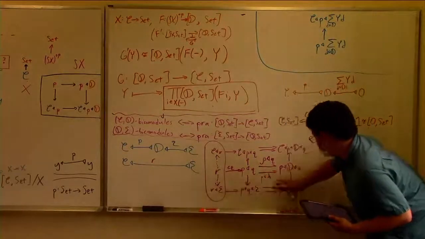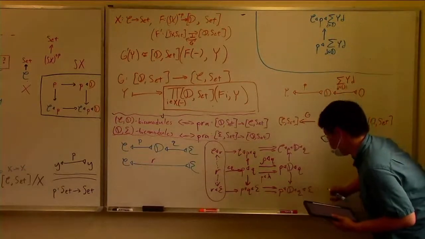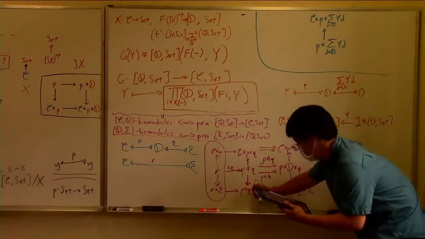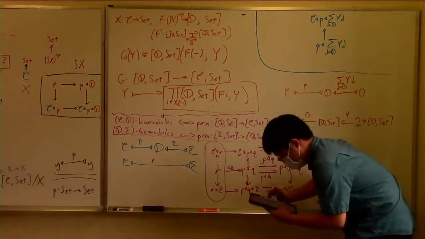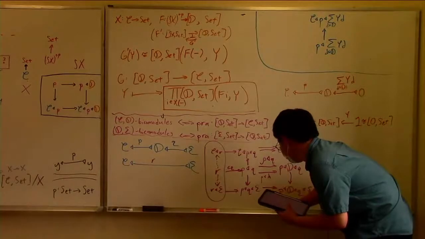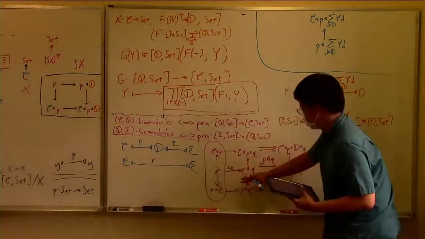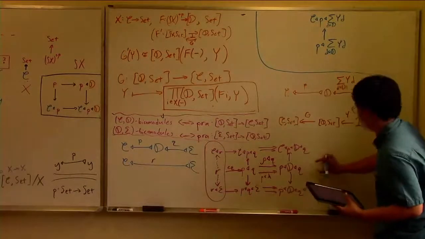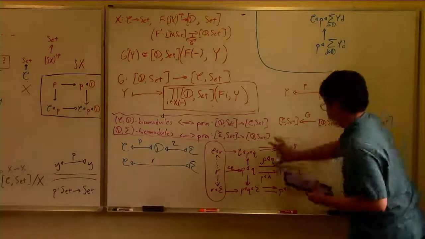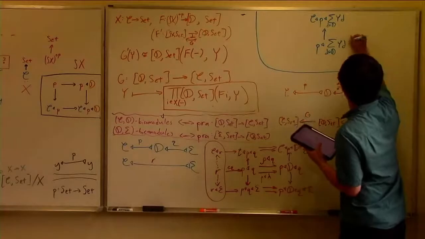We actually don't have to worry about this bottom row anymore, because if Q is just a set, then this bottom row is just the exact same as this row here, because we're replacing Q with the set. So we only really care about this top part here.